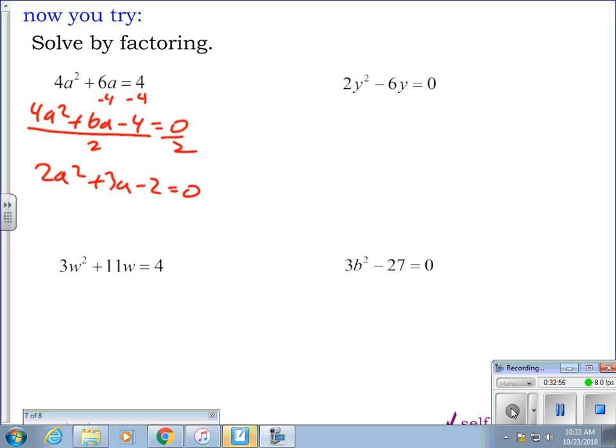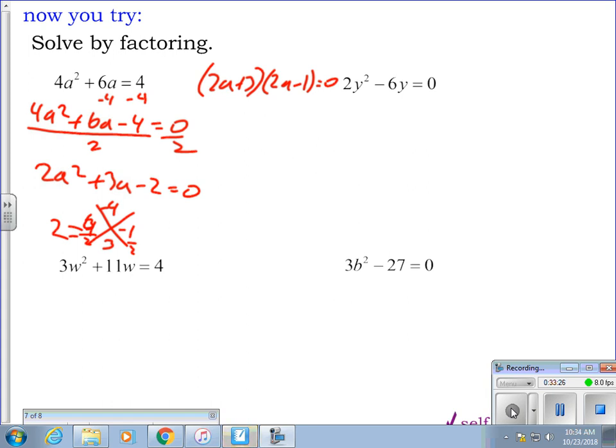So I do have to set up the X box on this one. I get negative 4, positive 3, which is 3 and negative 1. Divide both those by 2. So I end up with 2a plus 3 times 2a minus 1 is equal to 0. Is that right? Oh, no. 4. Sorry, that's 2.